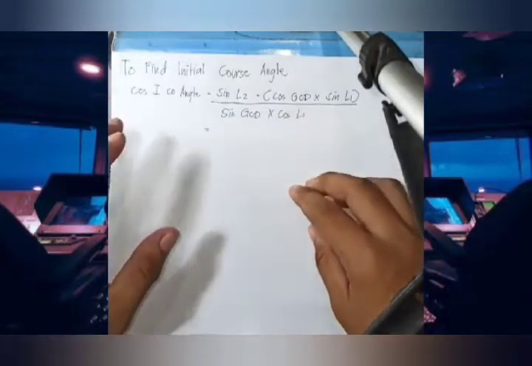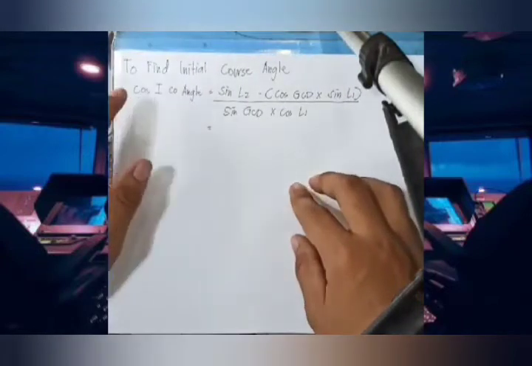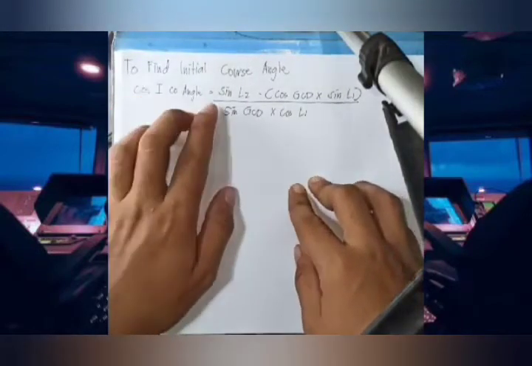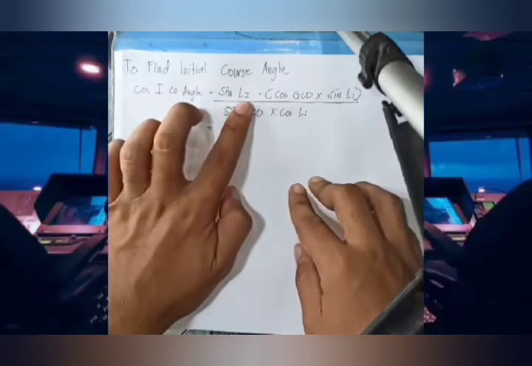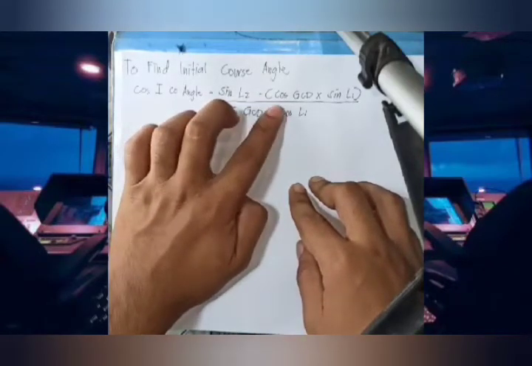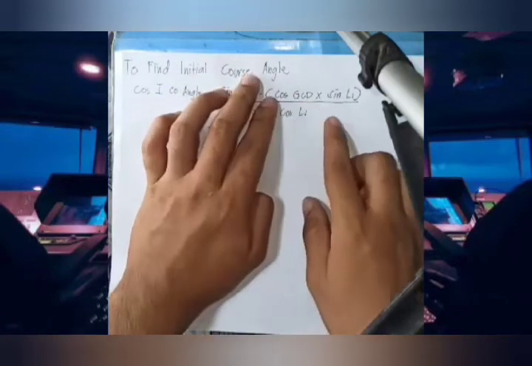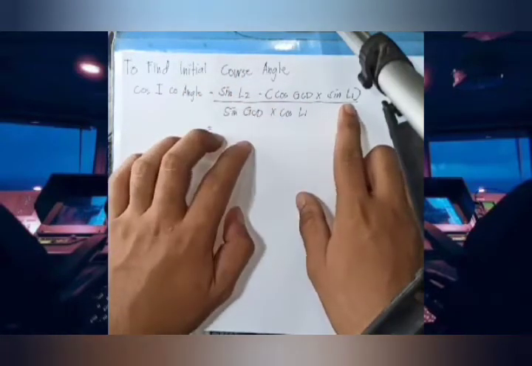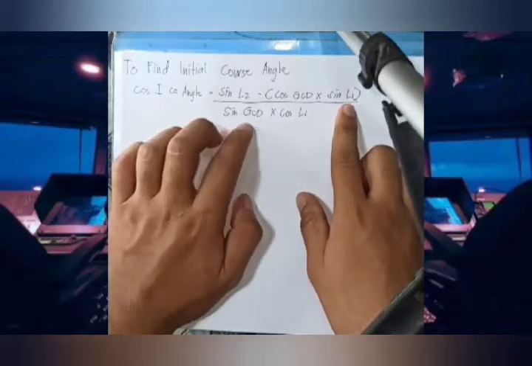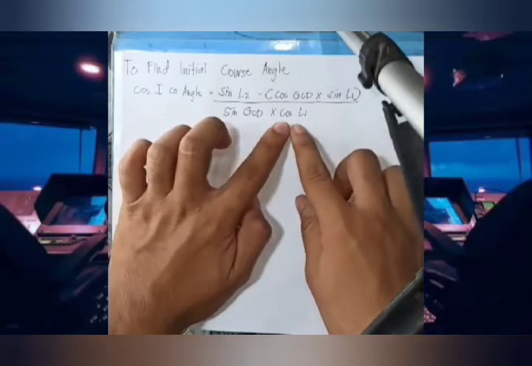The formula is cosine initial course angle equals sine latitude 2 minus the open parenthesis cosine GCD, or the great circle distance, times the sine latitude 1, over the sine GCD times cosine latitude 1.